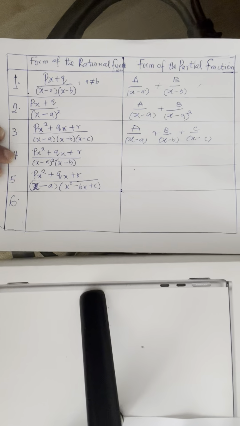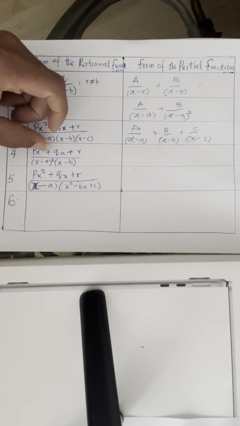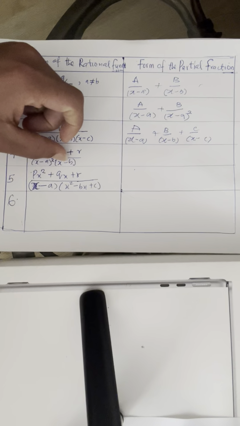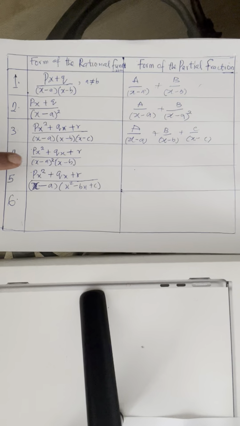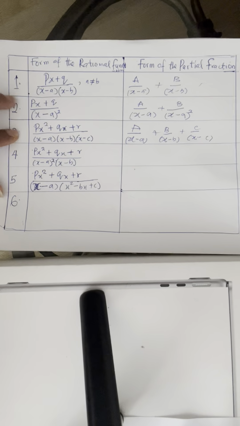Okay, so here we have an example. Number 4 here is an example of where we have 1 linear and 2 repeated roots. So this is how you express that.